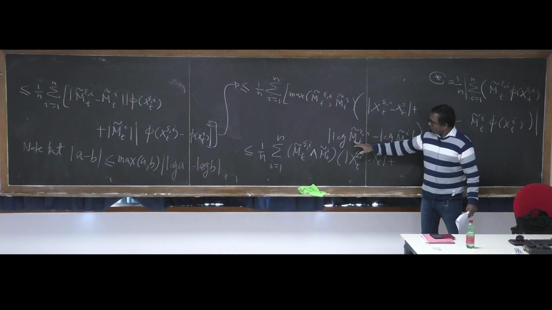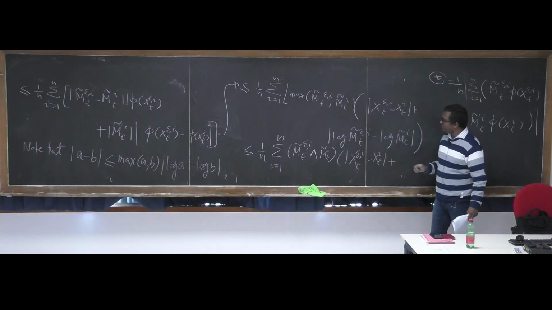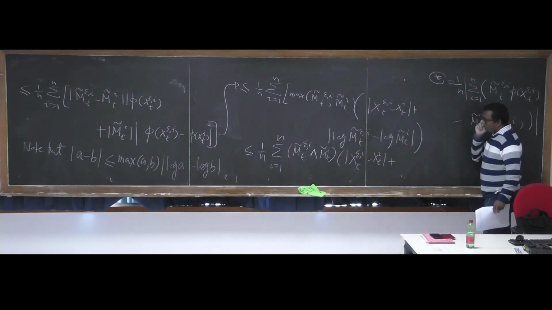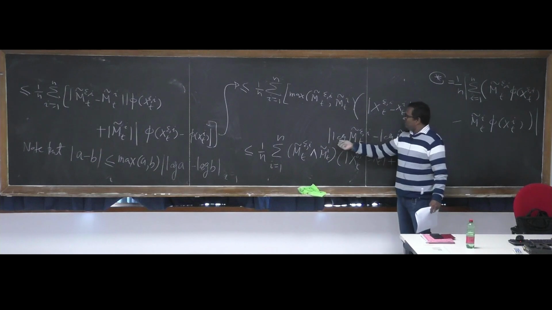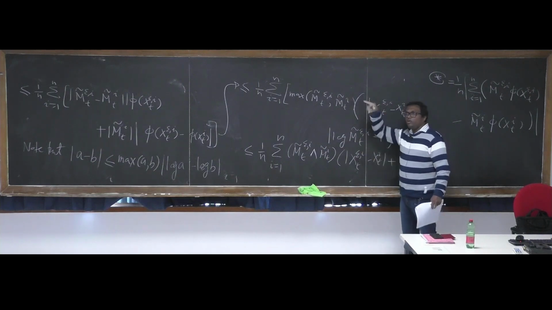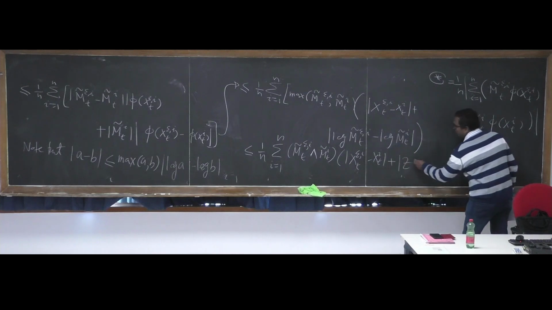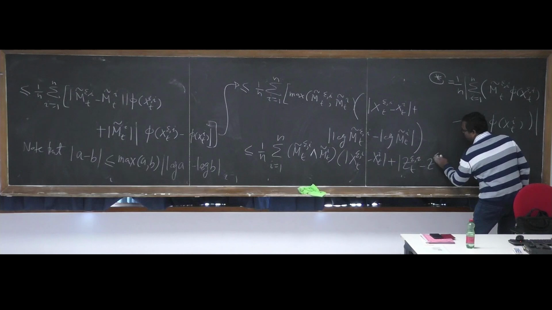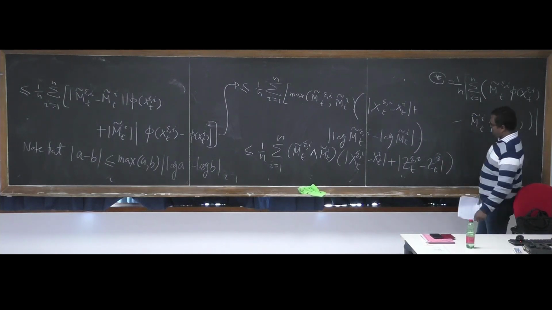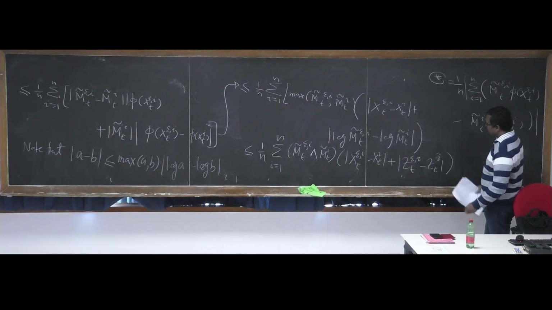This is the Radon-Nikodym derivative, the exponential martingale corresponding to the discretized interacting particle system. The log of that we denote by z, so z epsilon i t minus z i t. Nice. Okay.